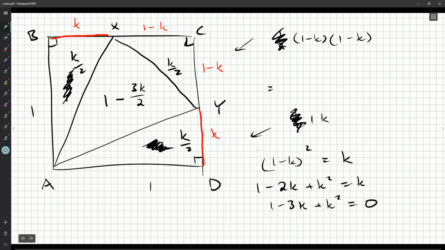So what can we do from there? We're trying to find the ratio of this area to this area. Find 1 minus 3K over 2 to K over 2.